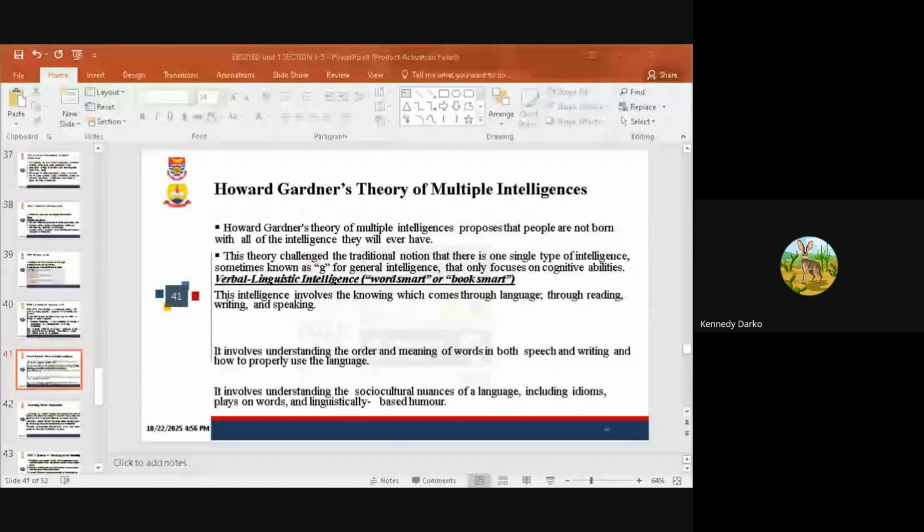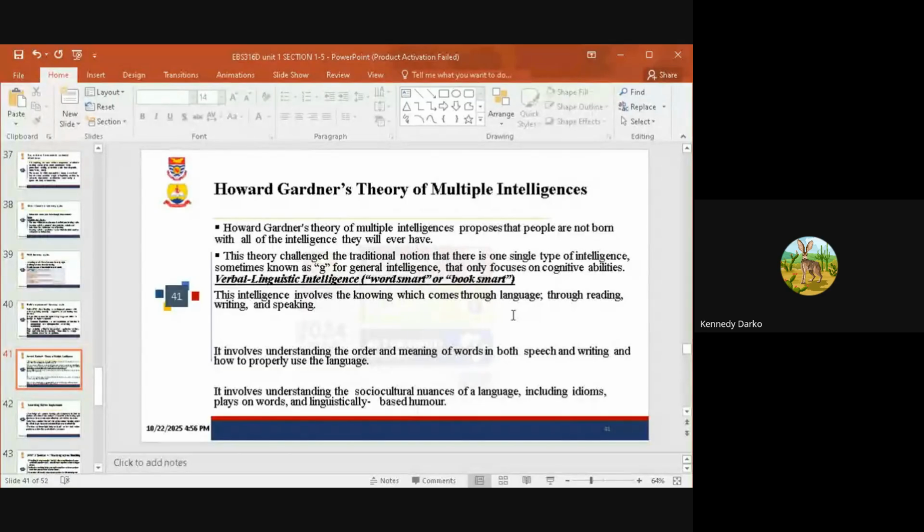Okay, we're looking at verbal linguistic intelligence, where I was talking about how people can use words and language to express themselves. When they speak, you know that this one is very intelligent, though they have not been given any task or role to play. But the way the person speaks, this person will be very intelligent. Gardner is saying that we can learn all this through reading, the language we use, writing and speaking.